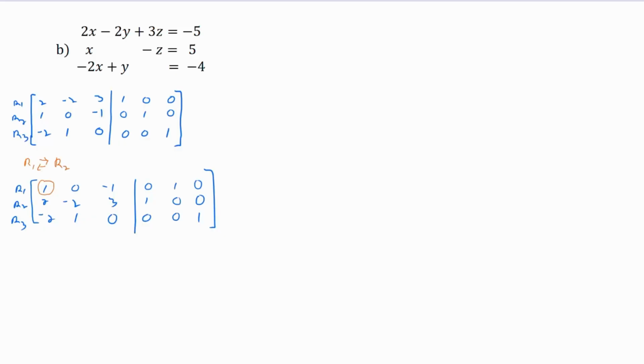I like free choice. I like freedom. But in this case, it's an algorithm. You guys are robots. Normally, you're not. In real life, I want you to think. But here, you're a robot, and at this point, you don't have a choice. There's some choices. I didn't have to switch row 1 and row 2. I could have taken 2 as my pivot in the first step, but I thought this would make it a little nicer. All right, so let's write down the row ops.